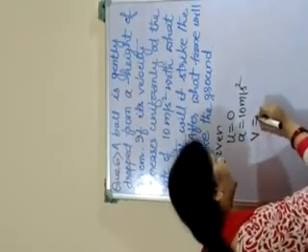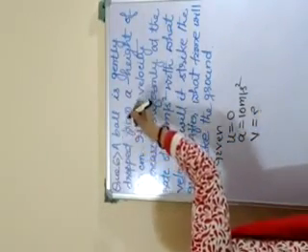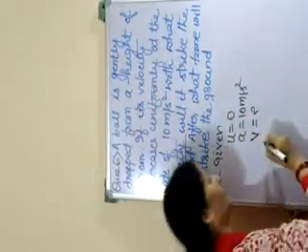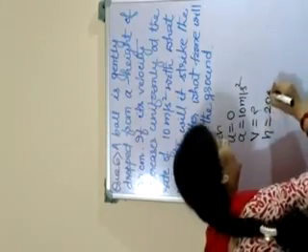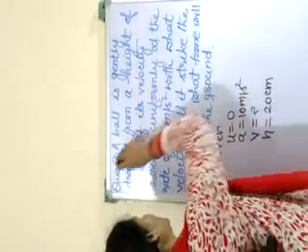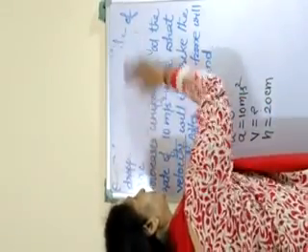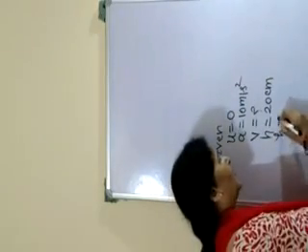The height of the ball from where it is dropped is also given, that is 20 centimeter. Now, which formula you will choose to solve this problem? Now, h is equal to 20 by 100 meter.